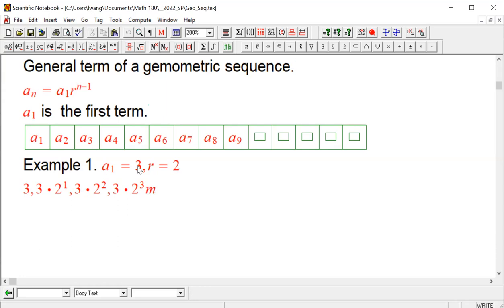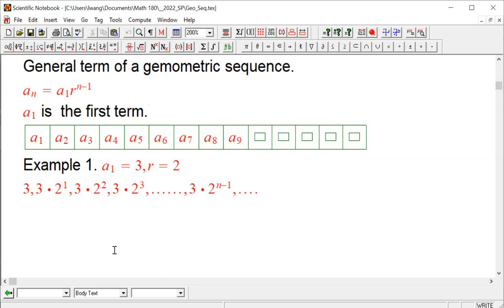So the sequence keeps going like this. That's how we see all these terms: a1, a2, a3, a4, and so on. The nth term is going to be a sub 1, which is 3, multiplied by 2 to the power of n minus 1. And of course, the sequence will keep going.